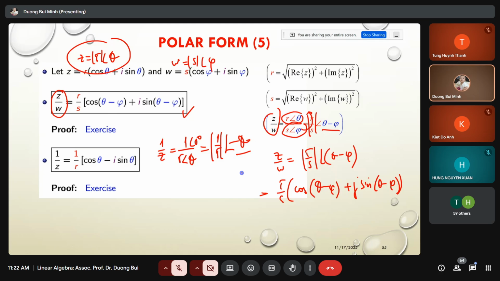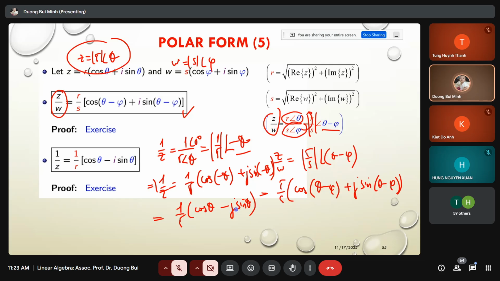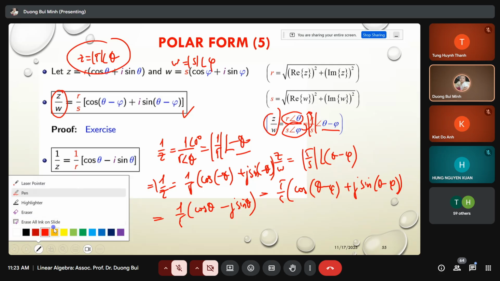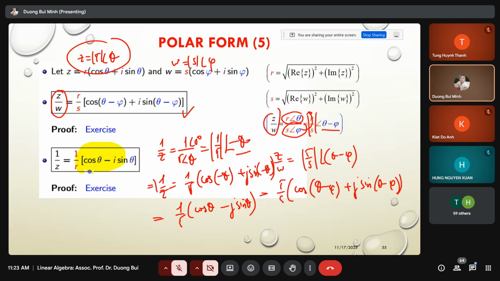So 1 over z is 1 over r (cosine minus theta plus j sine minus theta), which equals 1 over r (cosine theta minus j sine theta), since cosine of minus theta is cosine theta and sine of minus theta is minus sine theta. Finished.